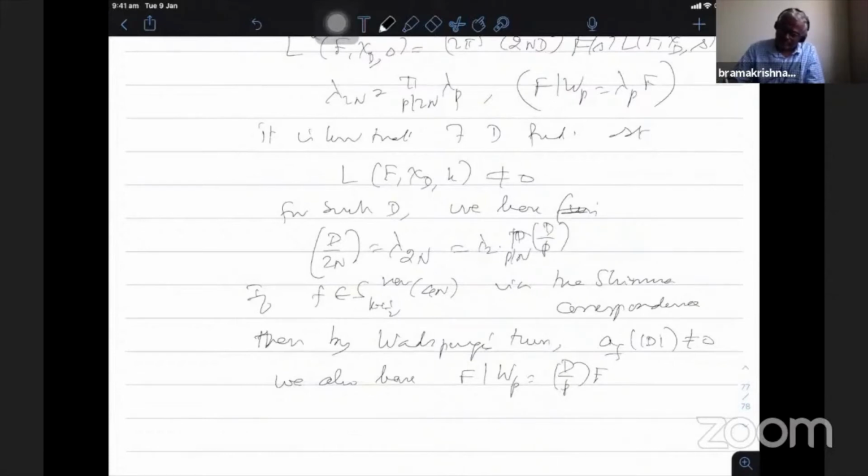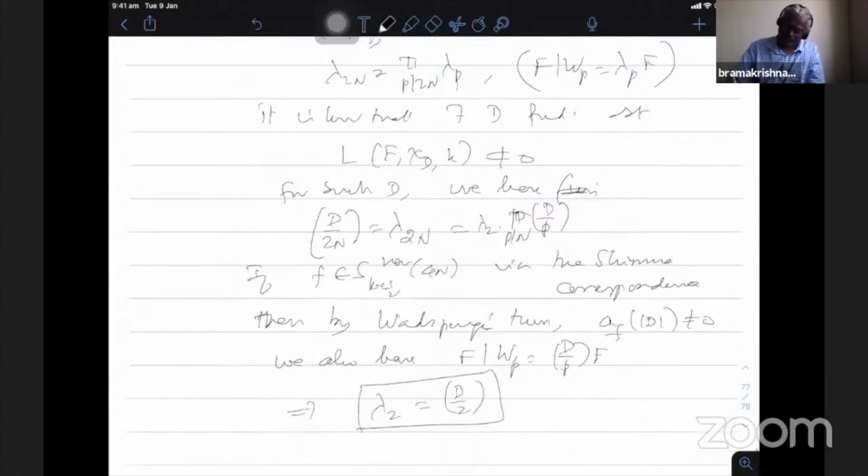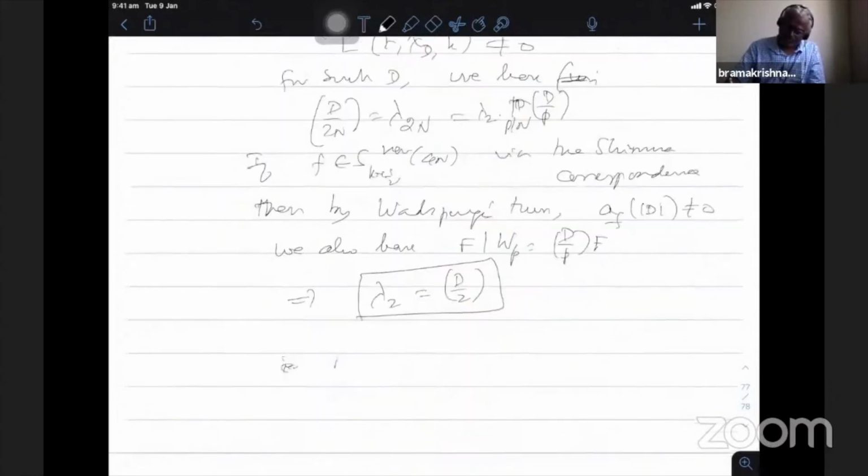This implies λ_2 equals (D/2). Therefore, this tells you that the new form f has eigenvalue (D/2) with respect to the W_2 operator. So this is another piece of information we get.